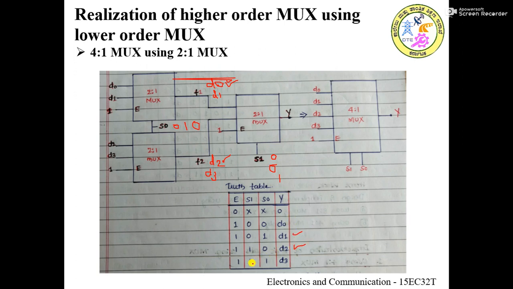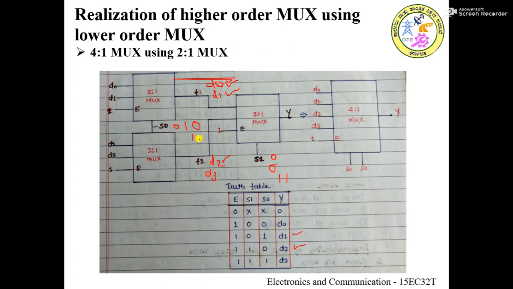Similar to the last combination, with S1 equal to 1 and S0 equal to 1, so both are 1 1 here. Since S0 is equal to 1, the second line, that is D1, is selected, and its content appears on the output of the first 2:1 mux, that is F1 will become D1.